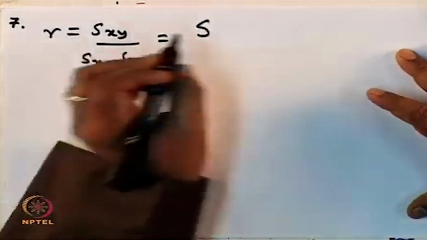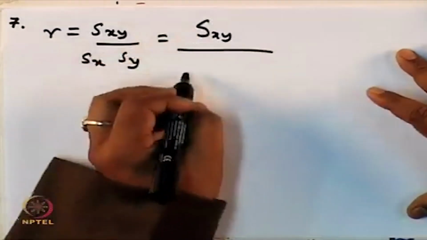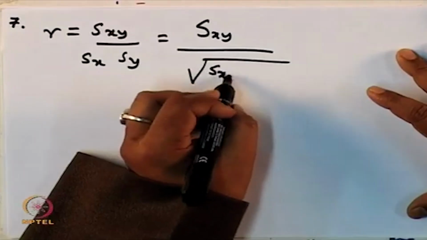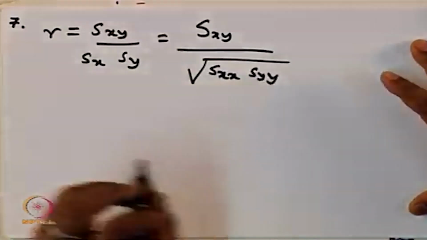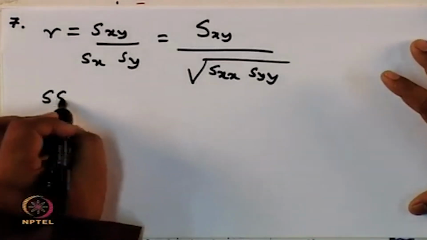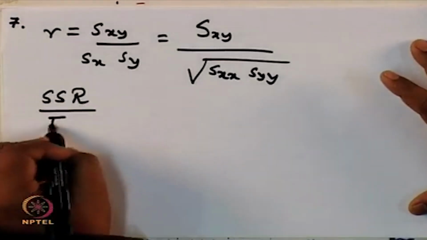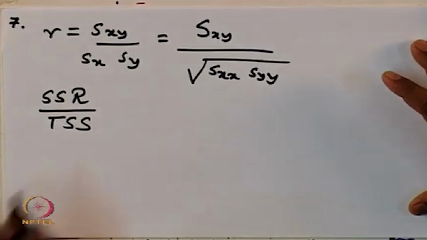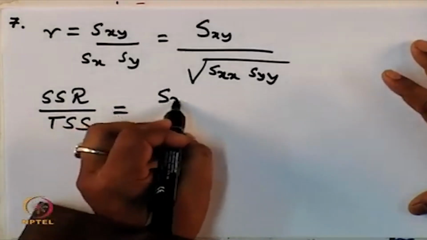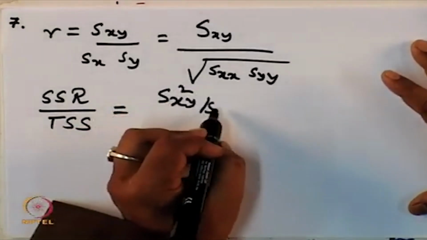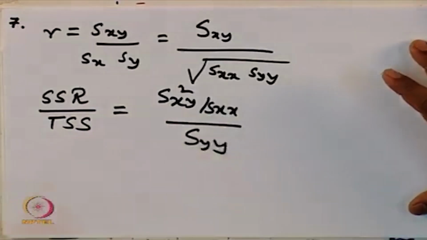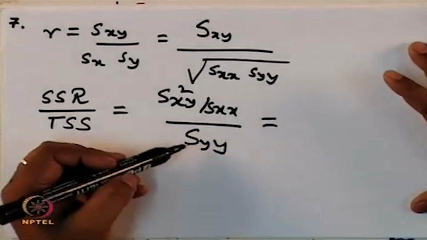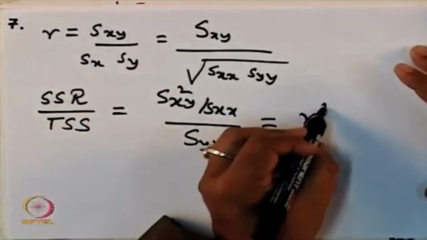This in our current language can be written as YY. So, now if you take the ratio SSR by TSS, what do you get? You get SXY square by SXX divided by SYY. And what is this? This is nothing but R square.